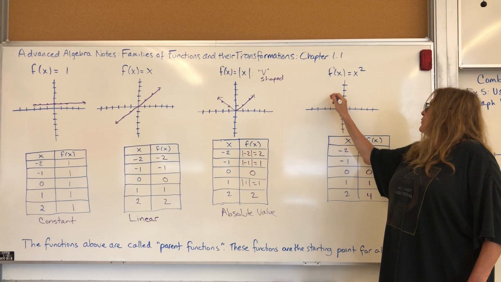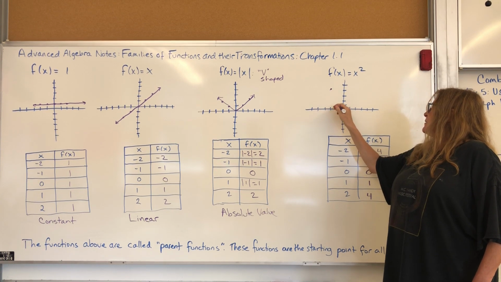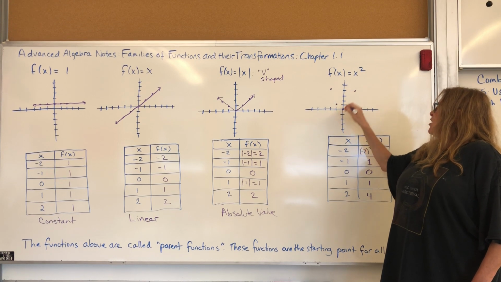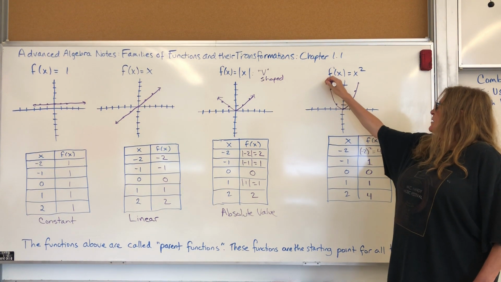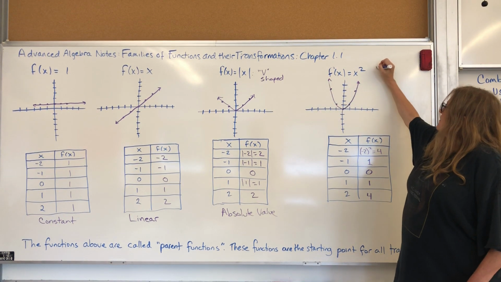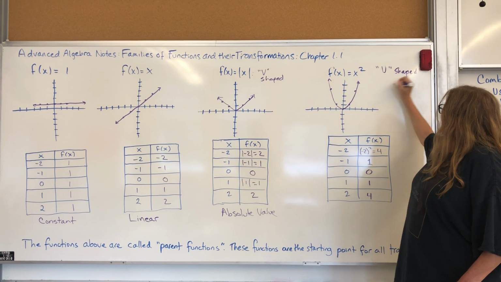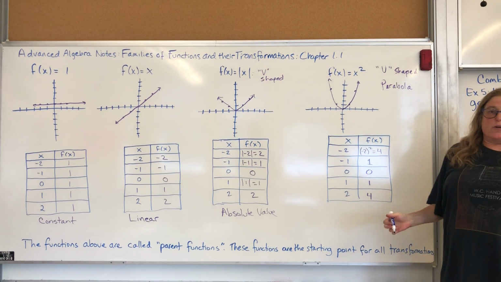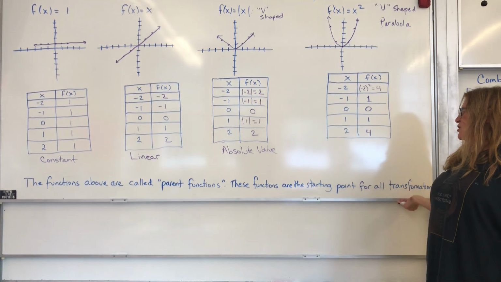Maybe some of you remember from Algebra 1 what the shape of a squared function is. It's called a parabola, and it's shaped like a U. So it's U-shaped, and it's called a parabola. And there's actually a name for these squared functions, and they are called quadratic functions.